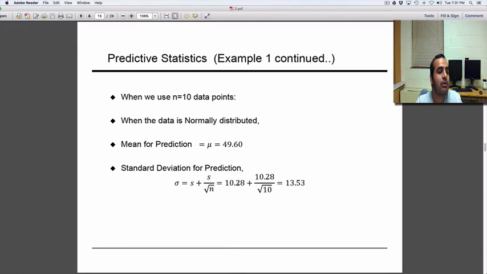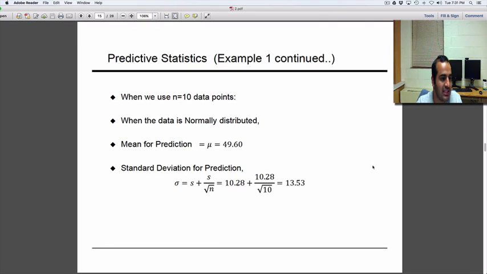So S is equal to 10.28 plus 10.28 divided by the square root of 10, because we used 10 data points. That gets us 13.53. As you can see, there is a significant correction. Now we can use this mu and this sigma for predictive purposes.